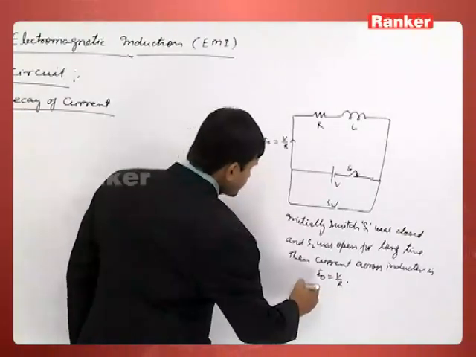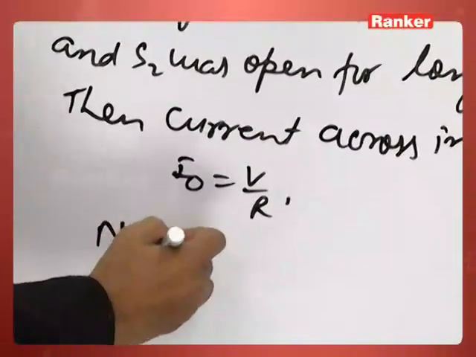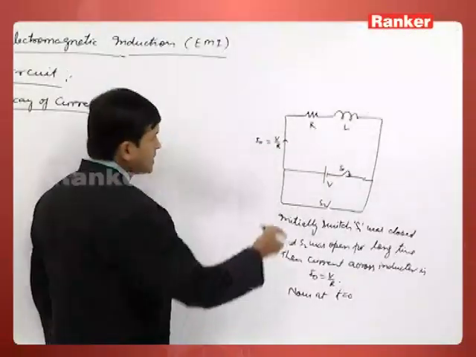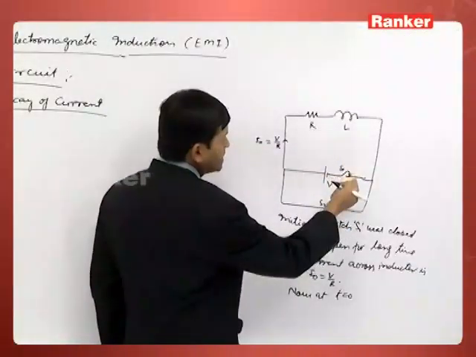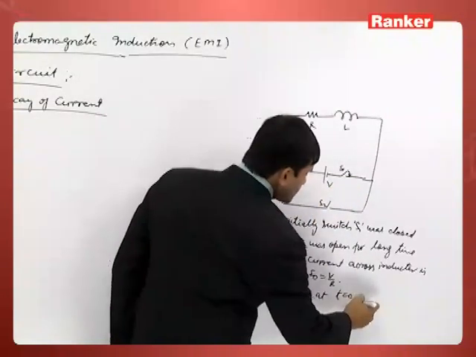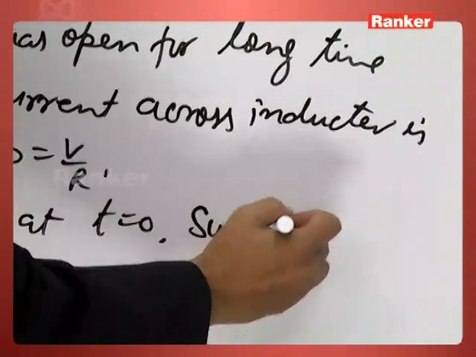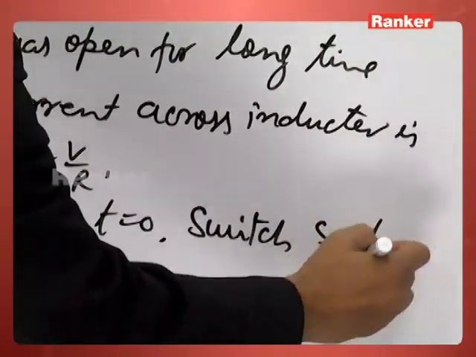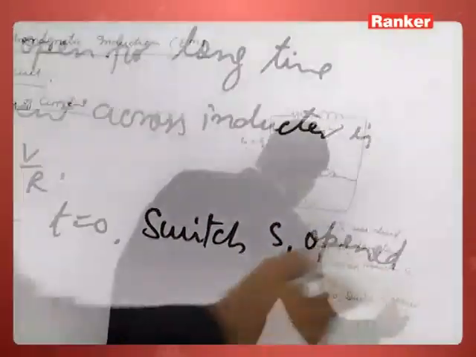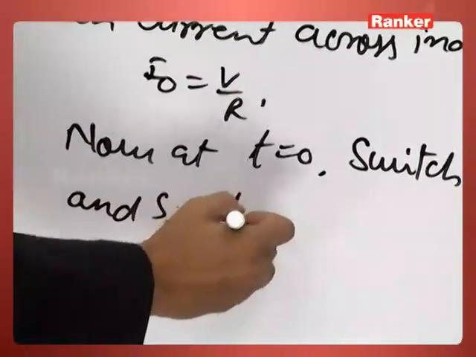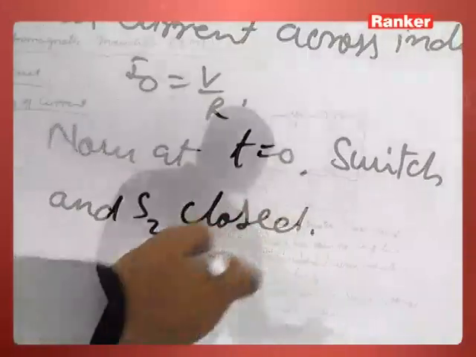Now at t is equal to 0, switch S1 opens and S2 closes.